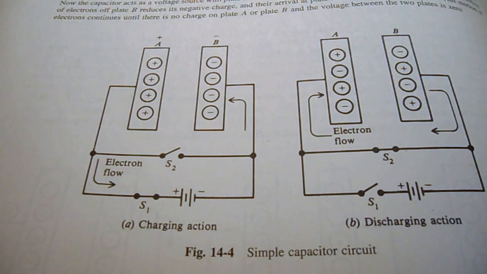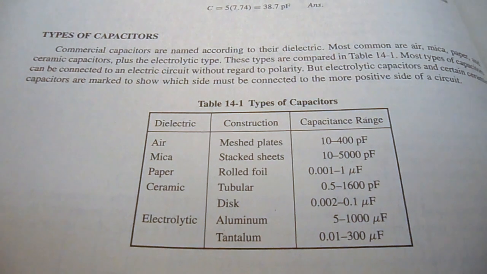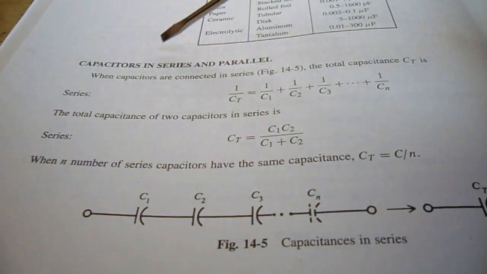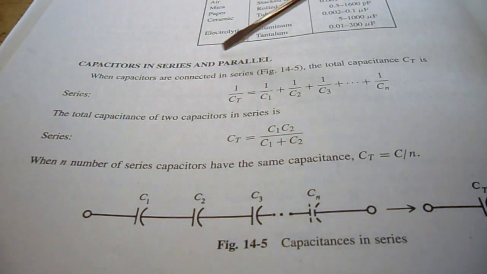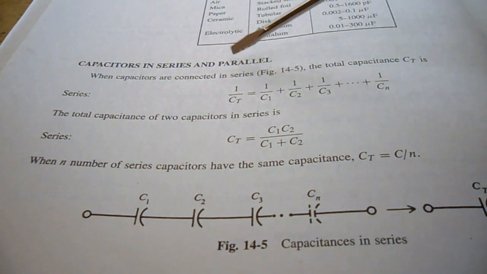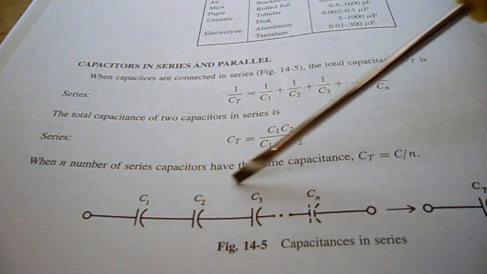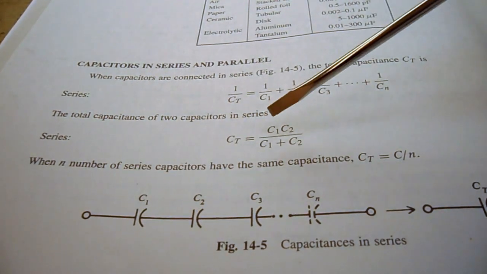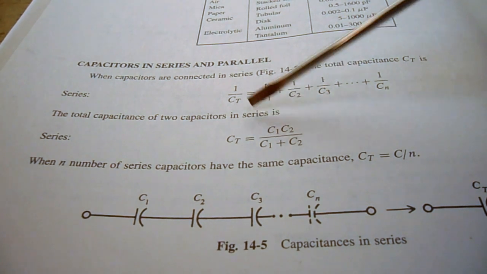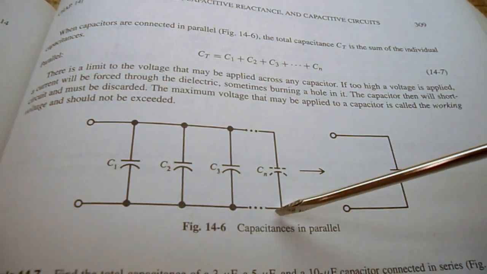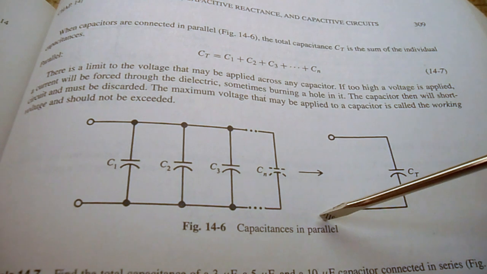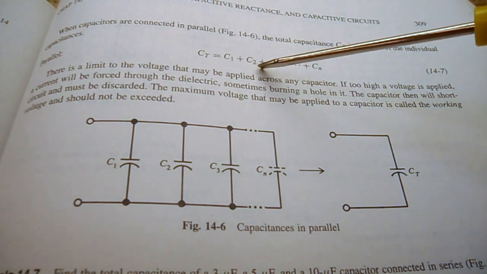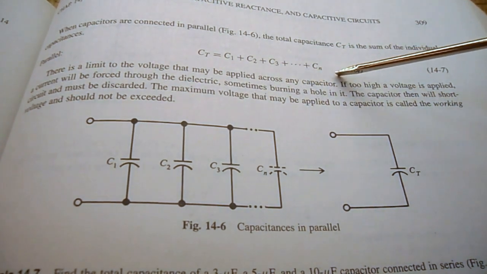They talk about charging and discharging capacitors, the types of capacitors, and capacitors in series and in parallel. When you put capacitors in series, they add similar to resistors in parallel. And when you add capacitors in parallel, they simply add together like resistors in series.